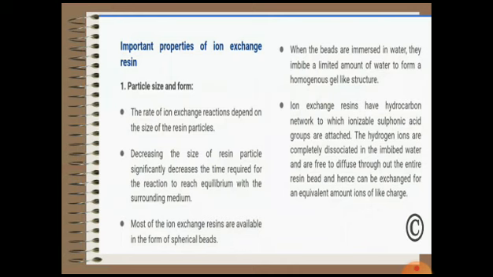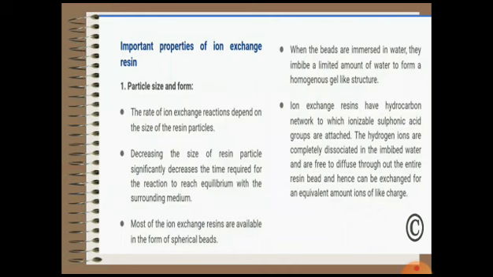If a quaternary ammonium group or polyalkyl group is attached, it is called an anionic ion exchange resin. Clear? And that is further classified into four types, depending upon the acidic and basic quality. Okay, so next we'll move on.